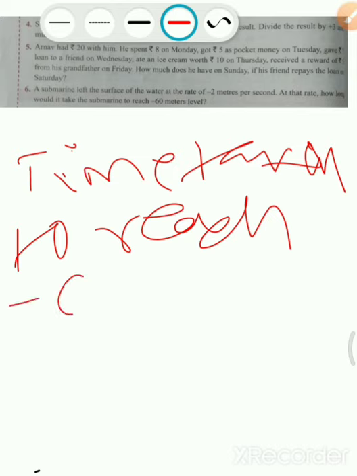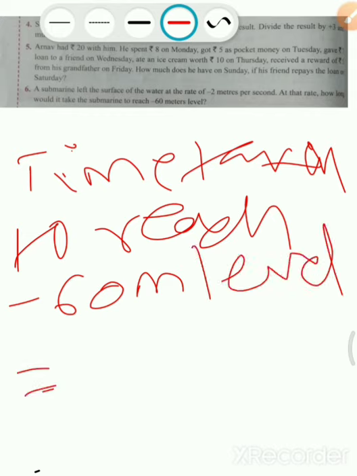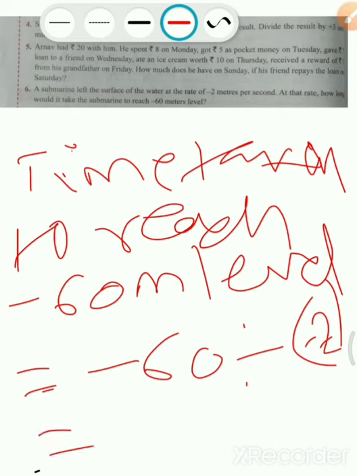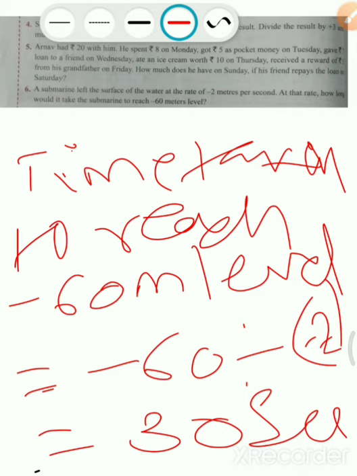Minus 60, the rate is given minus 2, so if you divide these two, you will get 30. That means within 30 seconds it can reach the minus 60 meter level.